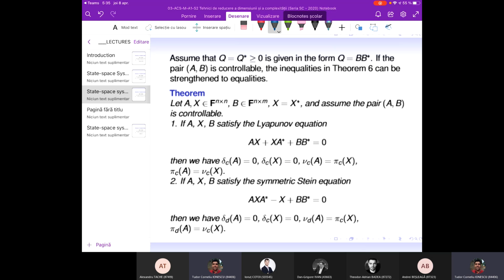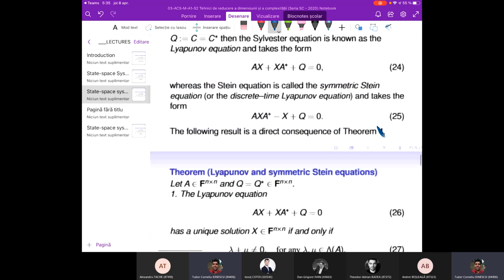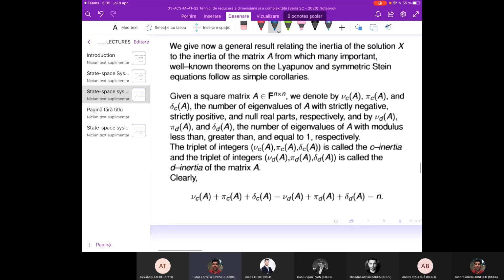Furthermore, the number of negative eigenvalues of A is the number of positive eigenvalues of X. And similarly, the number of positive eigenvalues of A is the number of negative eigenvalues of X, if I'm correct. You see?